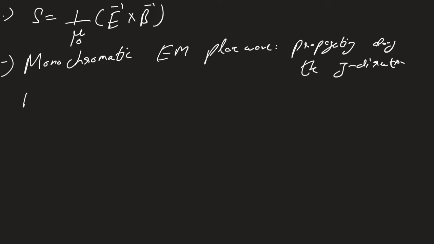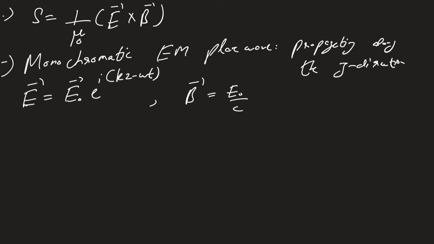We can write the electric field vector as some vector E naught e to the i of kz minus omega t, okay, and the corresponding magnetic field related through Maxwell equations becomes E naught over c e to the i of kz minus omega t. What is the direction?